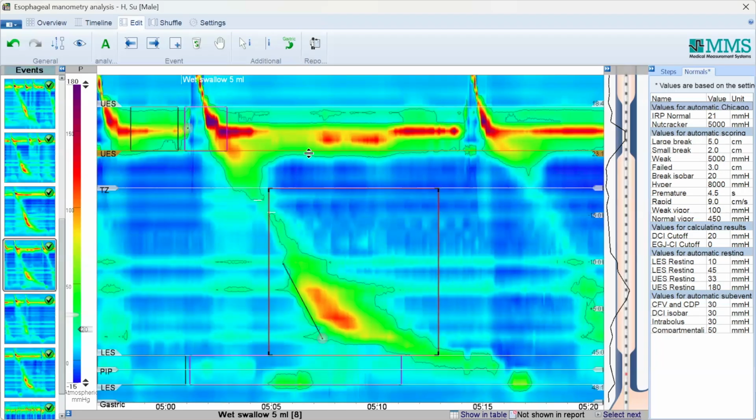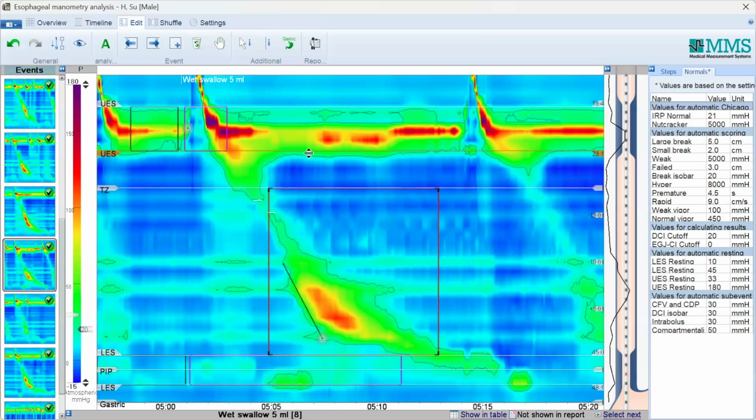We document the LES baseline and relaxation with the IRP, and then we describe the peristalsis and the timing, and then we add the latency and the DCI as you said, and then we end with a clear summary that it meets the criteria for normal motility under the Chicago 4.0. Is this a correct report, or is there anything missing from that?